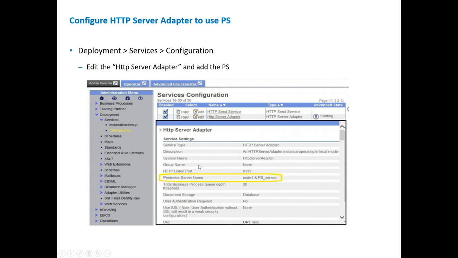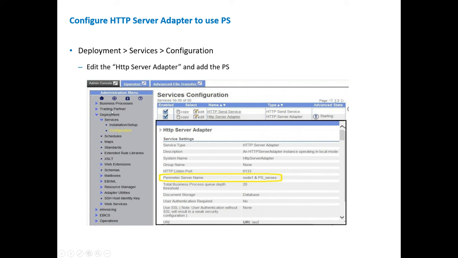So the third step is this: the perimeter server acts as an HTTP client, right? And it always has a persistent connection with the Sterling B2B Integrator via the HTTP server adapter. So you need to configure an HTTP server adapter and add the perimeter server to that.